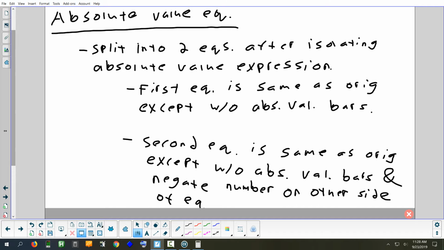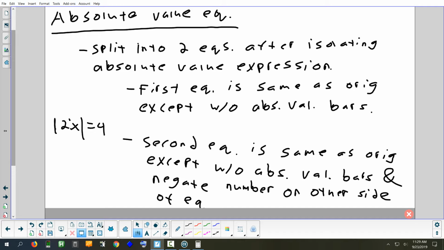Now, second equation is similar, but you got to do one extra thing. Write down the original problem, get rid of the bars, just like you did before, but also change the sign of the number on the other side. Okay, because it's an absolute value. So if I said something like this, there are 2 answers to that problem.